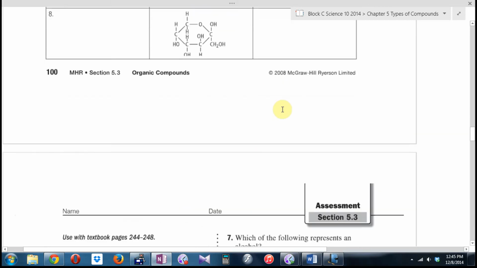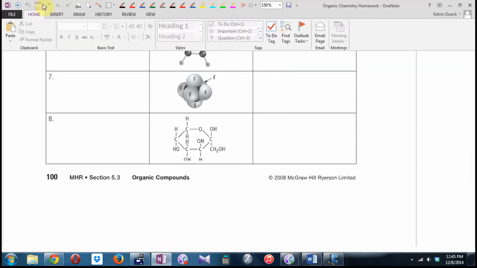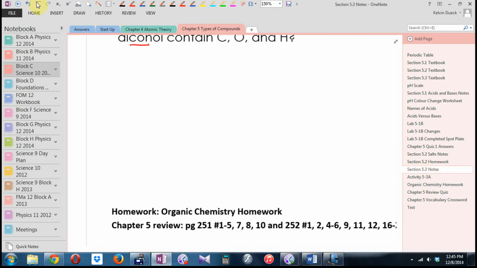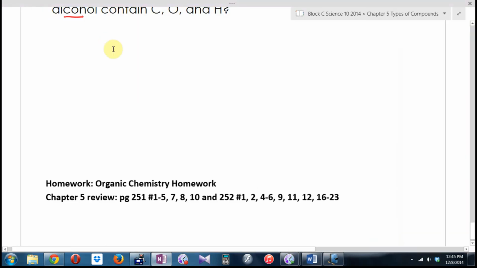Then I said I was going to modify this big, huge review. Right now, at the bottom of your notes, I've said do this, but I think this is going to be overkill. Let me look at this. Bear with me for a second. Page 251.